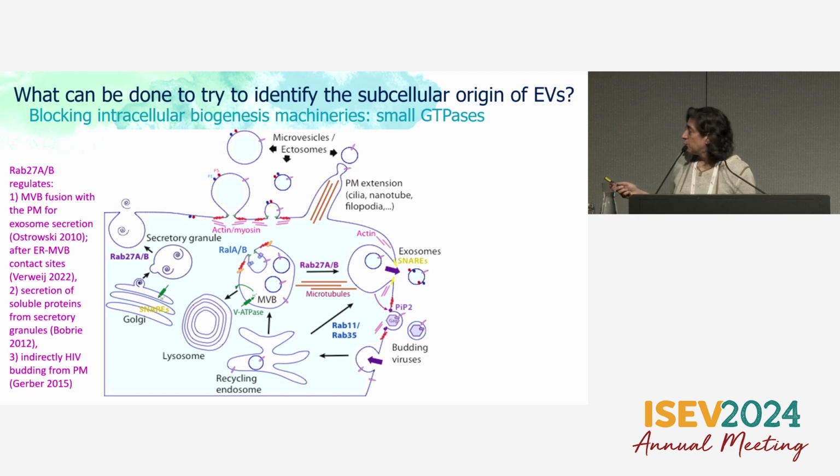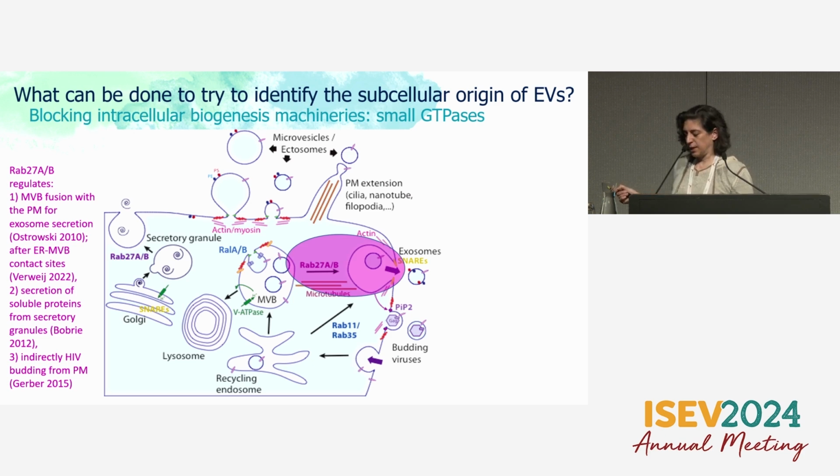So the first one was that we could clearly show back a long time ago, back in 2010, that RAB27, which was known to be an intracellular RAB protein that's involved in secretion of secretory granules, so that RAB27 inhibition would decrease the secretion of exosomes.